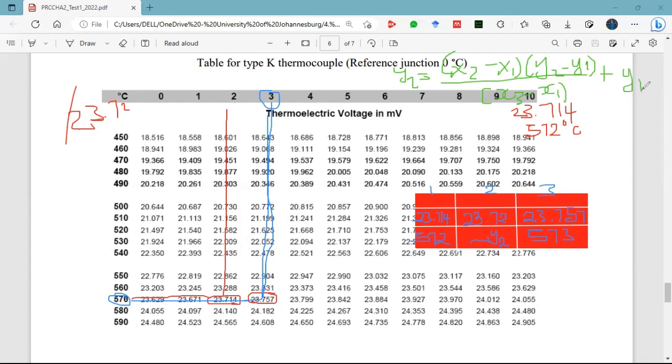Plus your Y1, which is your known temperature, right? So you just substitute those there, you should find the answer, right? We all should know the formula for linear interpolation, right? Do we all know that?